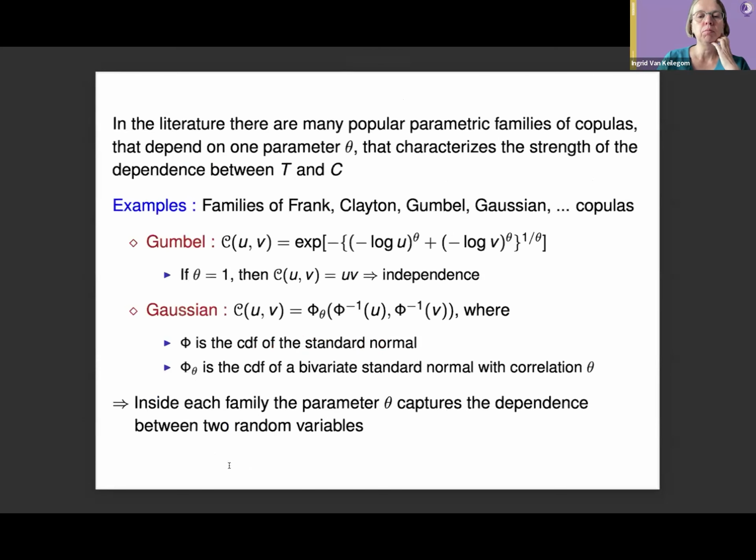For instance, there are parametric copula families, like Archimedean copulas or elliptical copulas.